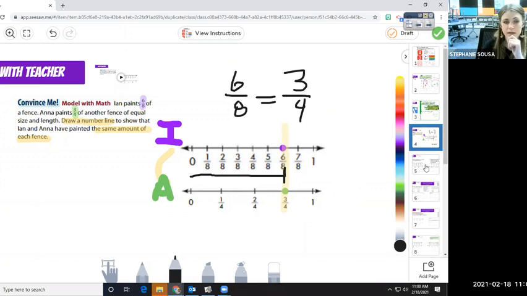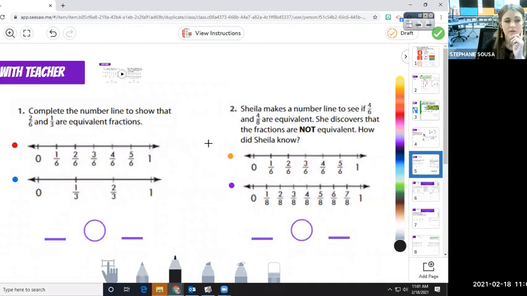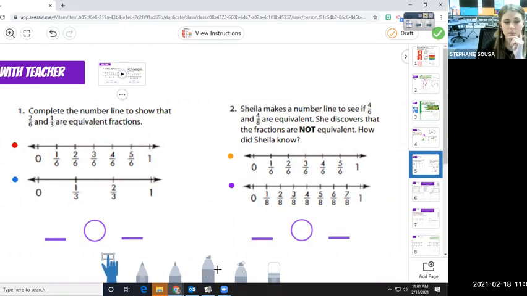Let's take a look at slide 5. Slide 5 says, complete the number line to show that 2 6 and 1/3 are equivalent fractions. So we're going to show 2 6 and we're going to show 1/3. Let's drag our red dot to 2 6.